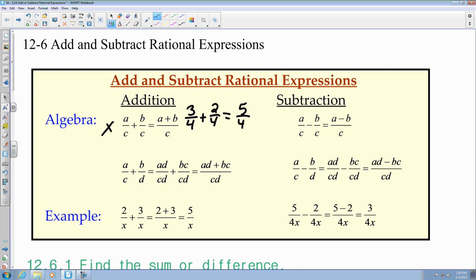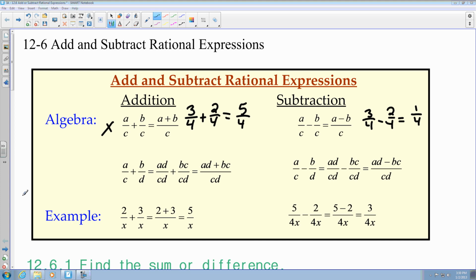Same thing if you just had 3 over 4 minus 2 over 4, this would equal 1 over 4. All you're doing is adding or subtracting the numerator, and as long as both denominators are the same, you can leave it as is.